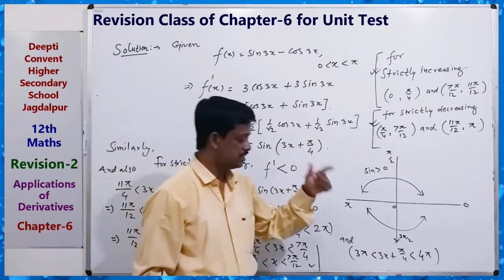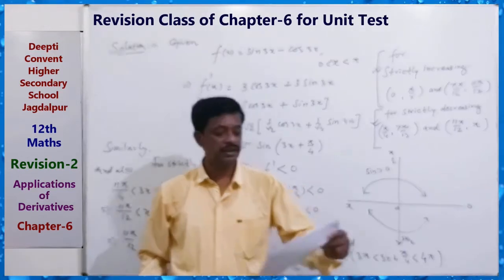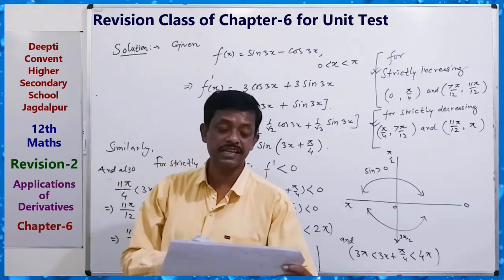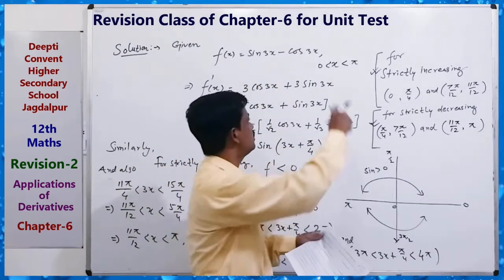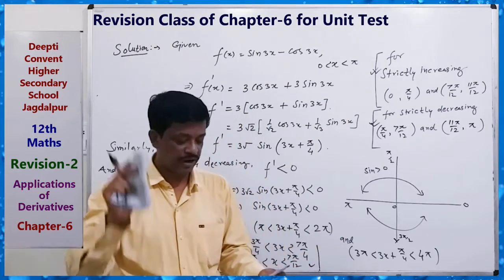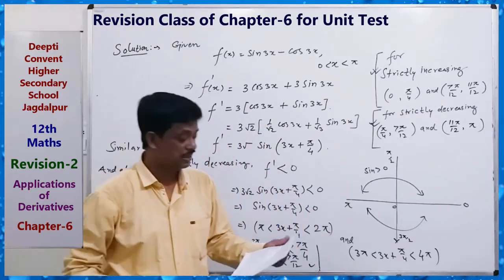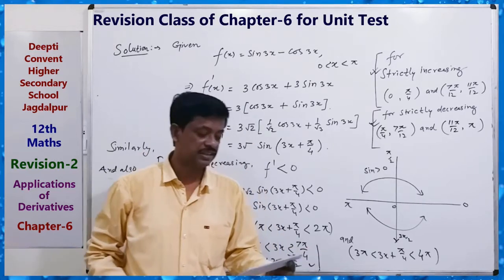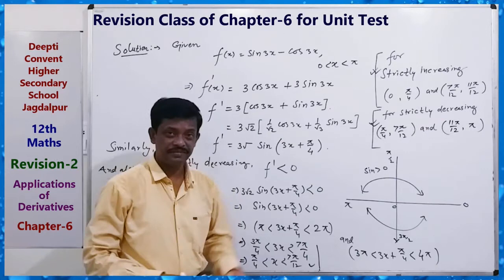A similar question is question 16, where you find the intervals in which the function sin x minus cos x, on the interval 0 to 2 pi, is increasing and in which it is decreasing. So you can solve question 16 also.